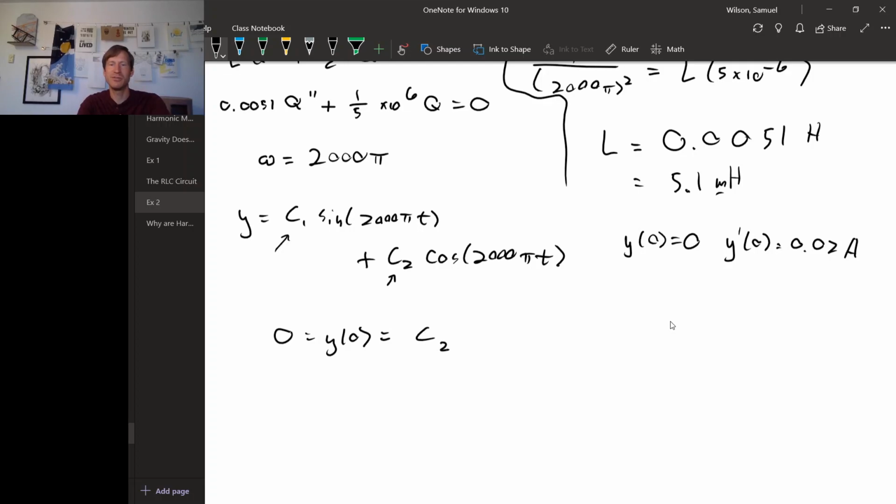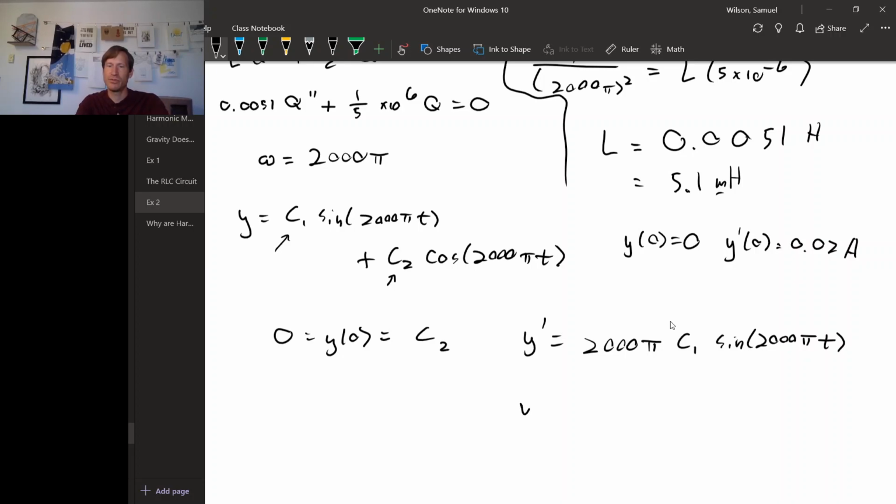So now we know c2 is 0. For the derivative of y, the cosine part is gone now because c2 is 0, so we just need to take the derivative of the sine part, and we get 2000 pi times c1 times cosine of 2000 pi times t.